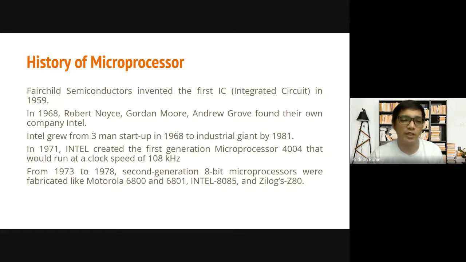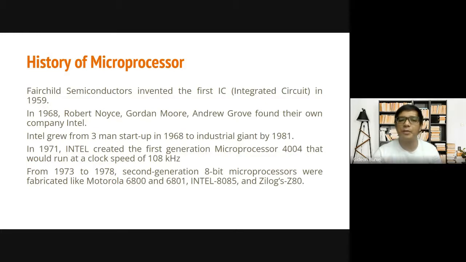Let's talk about the history of microprocessor. Fairchild Semiconductors invented the first integrated circuit, as what we call IC, in 1959. In 1968, Robert Noyce, Gordon Moore, and Andrew Grove founded their company Intel. That's why we have Intel right now, because of their microprocessors.